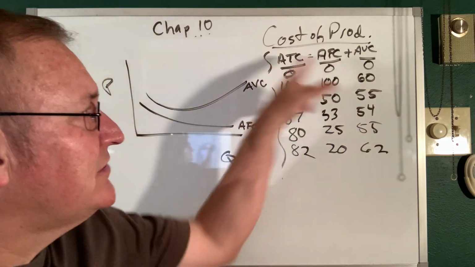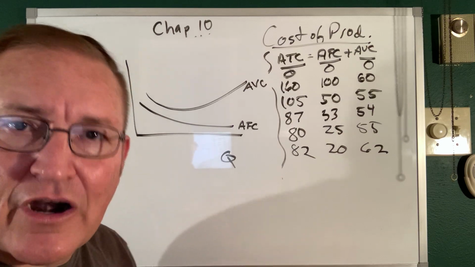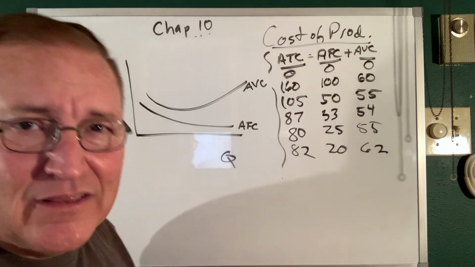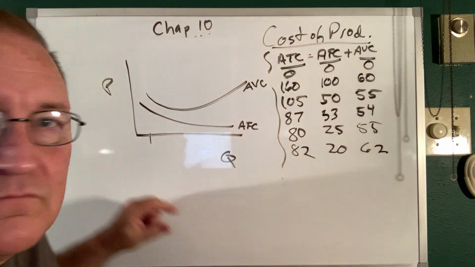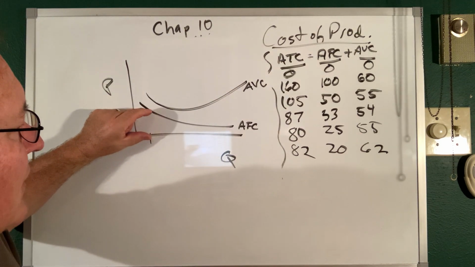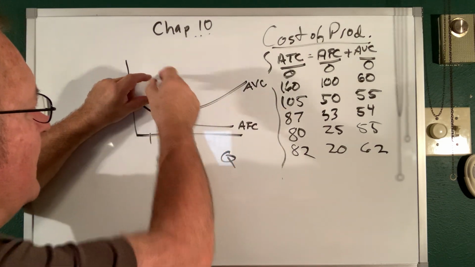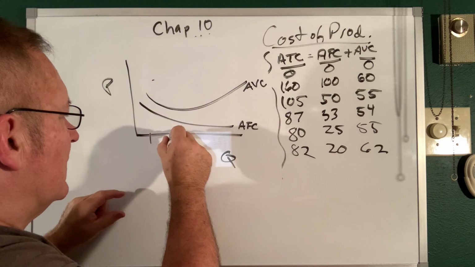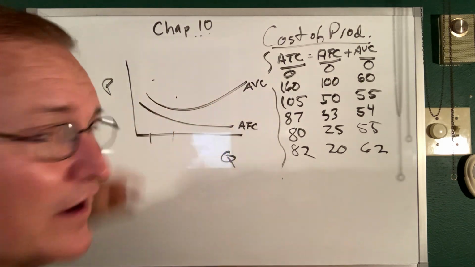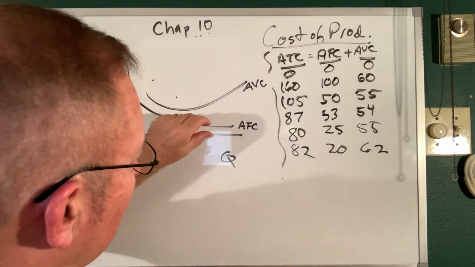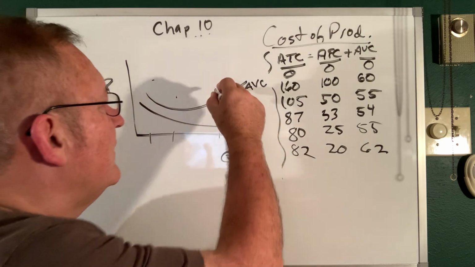And then, as you can see from the equation, your average total cost is your average fixed and your average variable added together. And we can literally do this. For this increment right here, this is my fixed cost, I can just add it in right there. For this increment, that's my fixed cost, so I'm just going to add it in right there. See how that works? For this increment, there's my fixed cost, I'm just going to add it in right there.